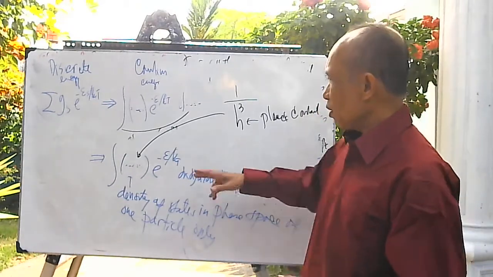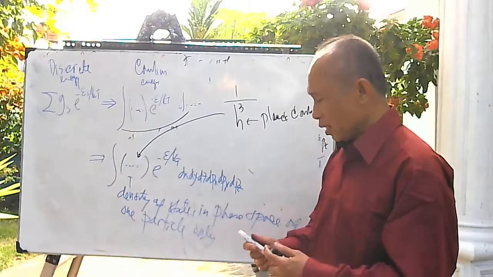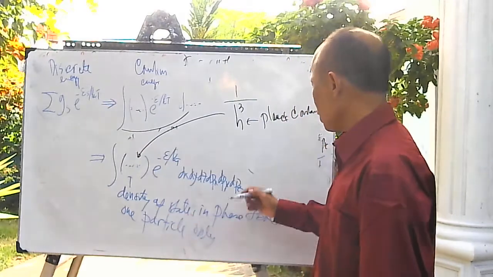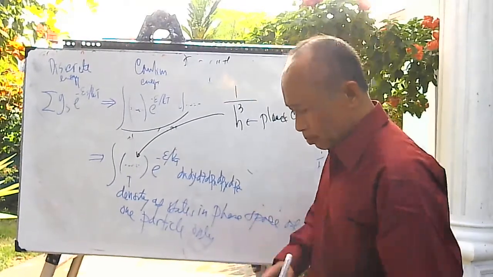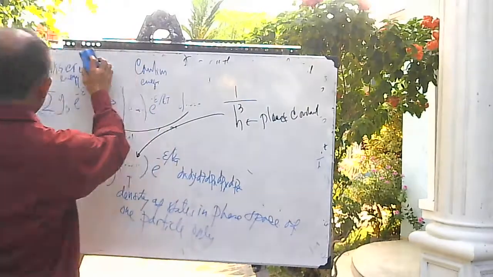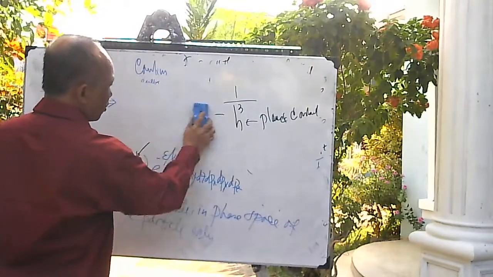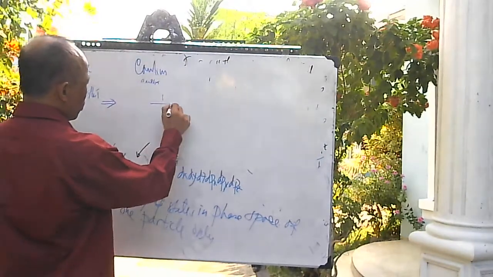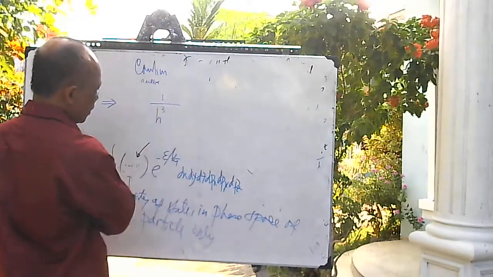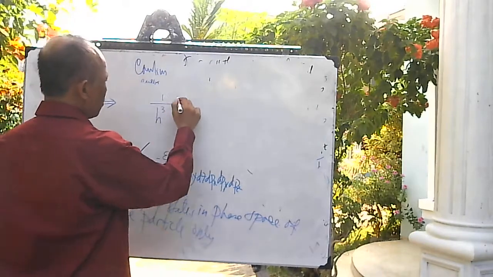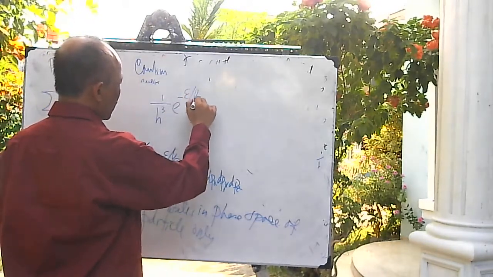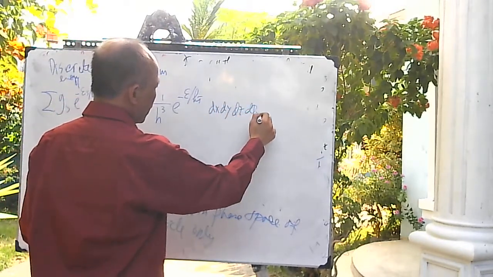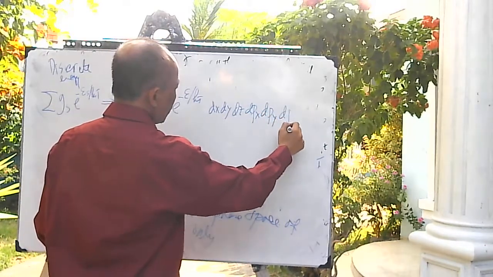So the transformation from the summation into an integral for the one-particle partition function becomes this one. The complete expression for the integral becomes 1 over h cubed, exponent minus the particle energy epsilon over kT, dx dy dz dpx dpy dpz.